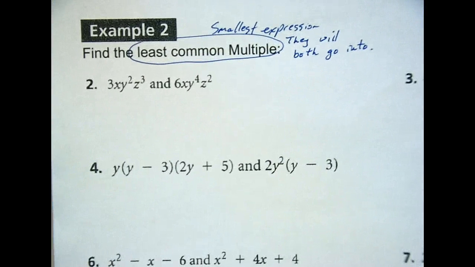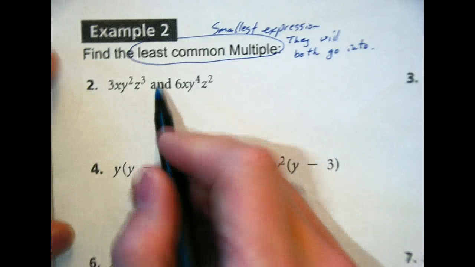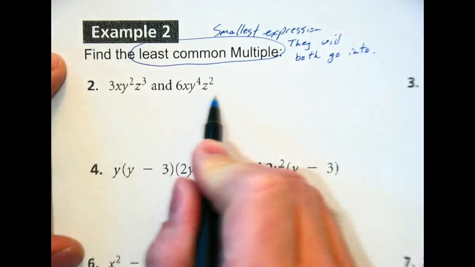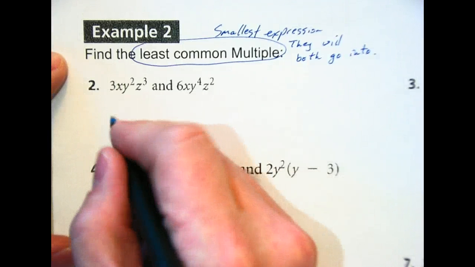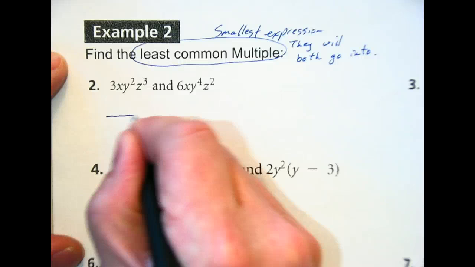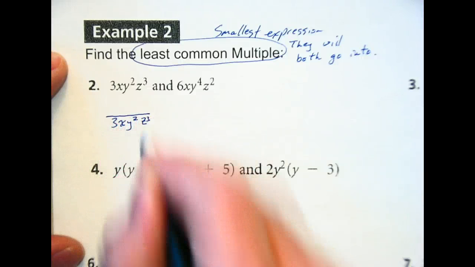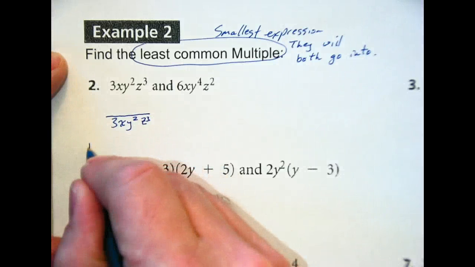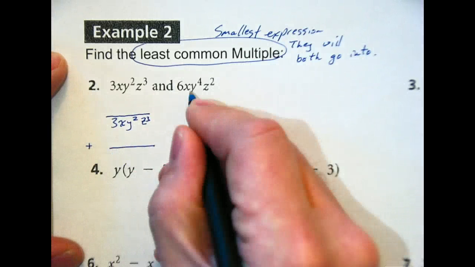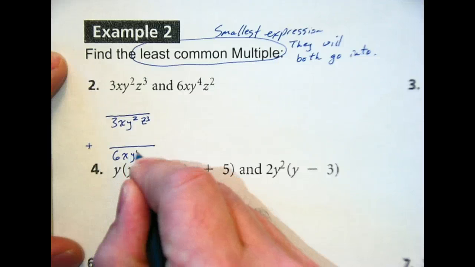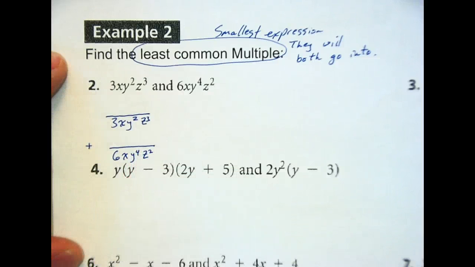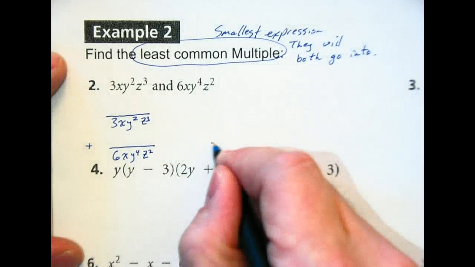Another way to think of it is, you're trying to find your common denominator. I mean, really, that's what we're doing with this. When I say, hey, what does this and this both go into? What's the least common multiple? I'm really saying if I had a fraction that had 3x, y squared, z cubed on the bottom, and I was adding it to another fraction that had 6x, y to the fourth, z squared on the bottom, what would the common denominator be?